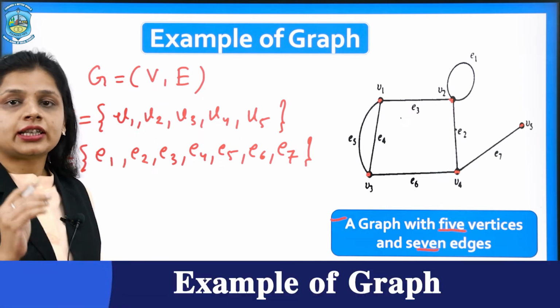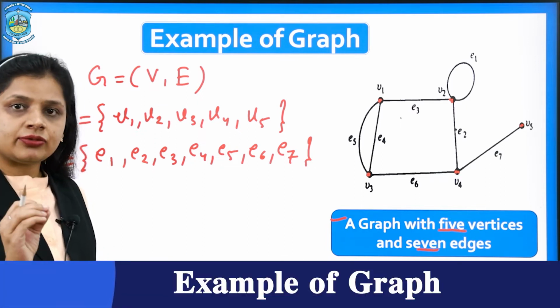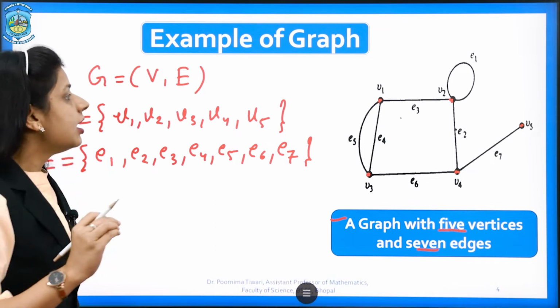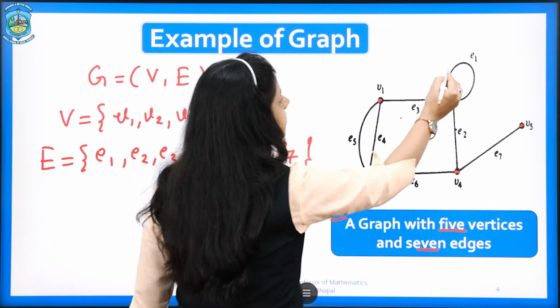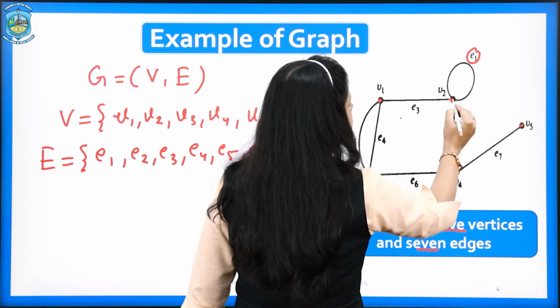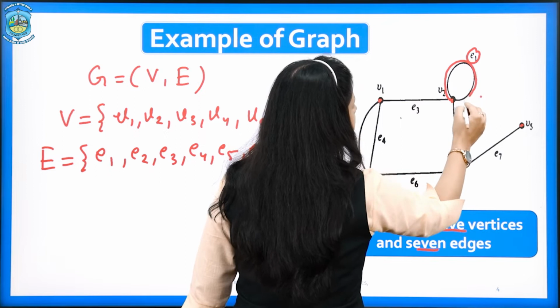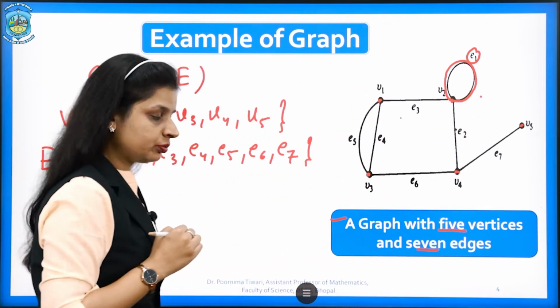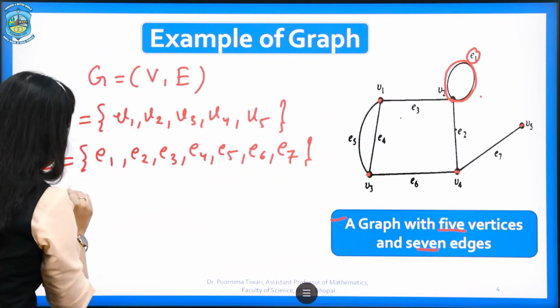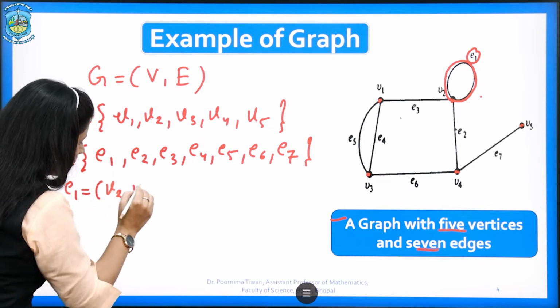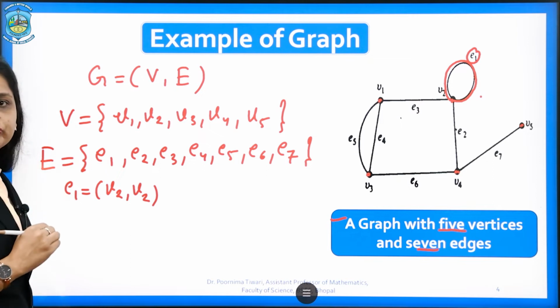And the condition that each edge is identified with a certain unordered pair of vertices: we can see this edge E1 starts with this vertex V2 and ends at the vertex V2. It means edge E1 is identified by the pair V2 and V2.